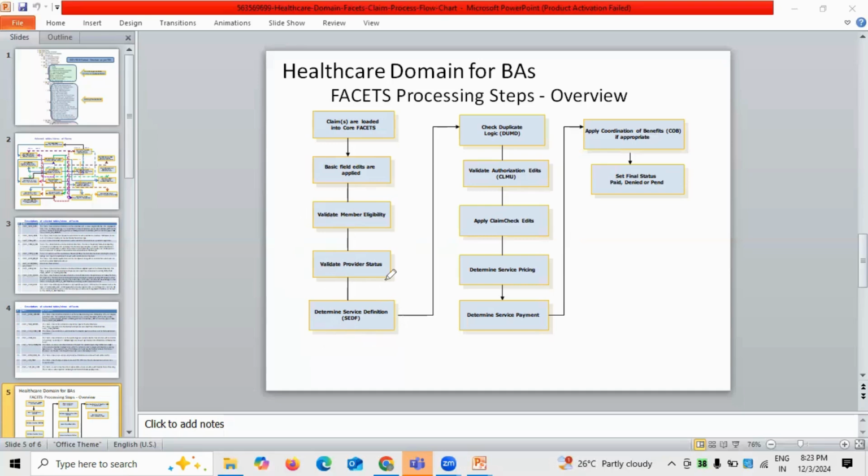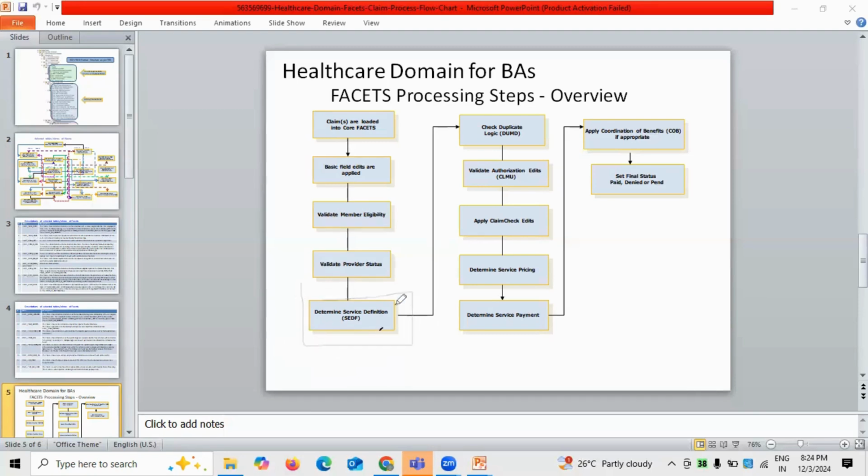It can be pre and post operational services, or something relating to scanning, or x-rays, or outpatient care, or inpatient care, or dental services, or mental illness. For example, any mental illness, or any kind of autism services they have provided, right? So everything comes under these service definitions. This is where we determine the service definitions.